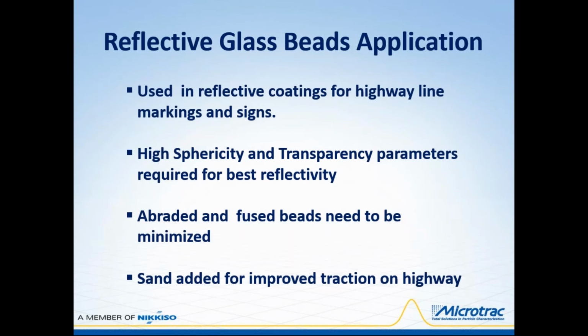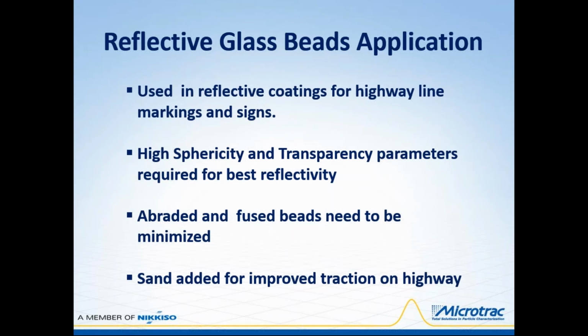We've been showing a measurement of a sample of glass beads used in reflective coatings for highway striping and signage, and we'll go into considerable detail to show how our image analysis technology can identify and quantify all the different components of the sample in one analysis. These beads need high sphericity and transparency to provide the highest reflectivity.